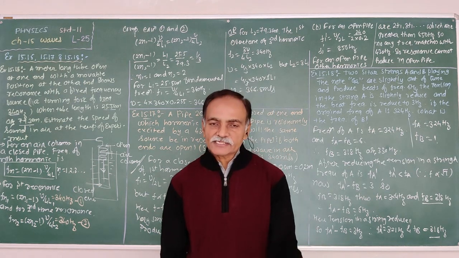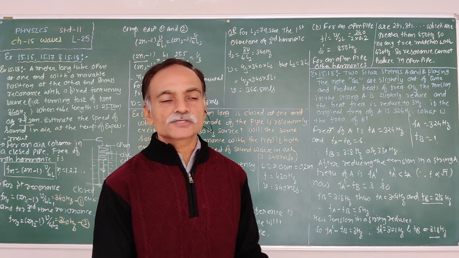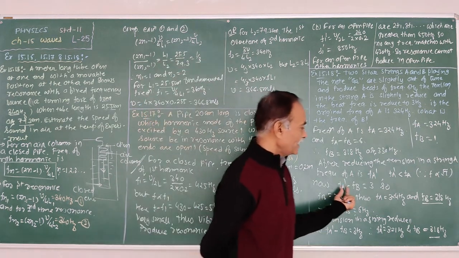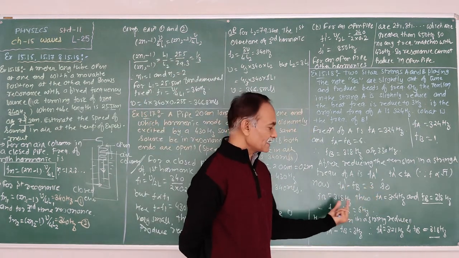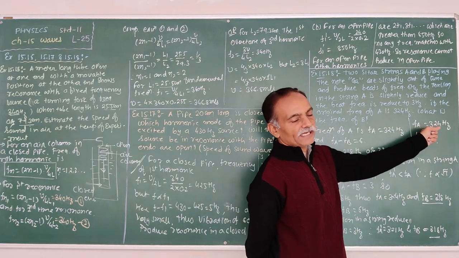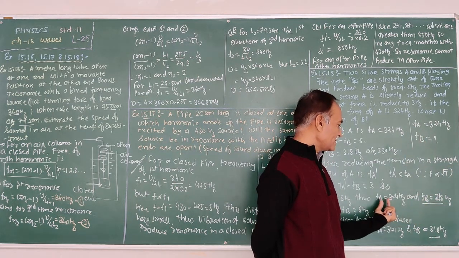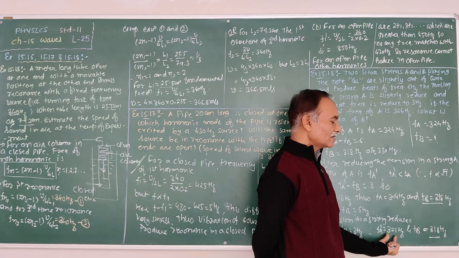Because after reducing the tension in wire A, its frequency is also reduced, by 3 Hz. The initial frequency of the wire is 324, and after the reduction, the frequency of wire A becomes 321 Hz.